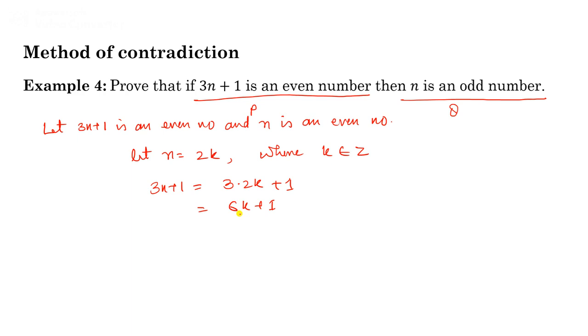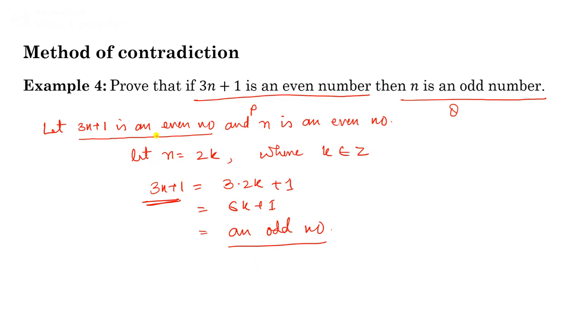And 6k is an even number, even number plus 1 means an odd number. Look at this: 3n plus 1 is an odd number. Here we have assumed 3n plus 1 is an even number, and we are getting 3n plus 1 is an odd number. So this is the contradiction.